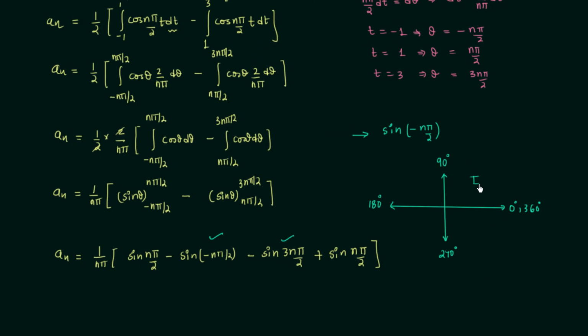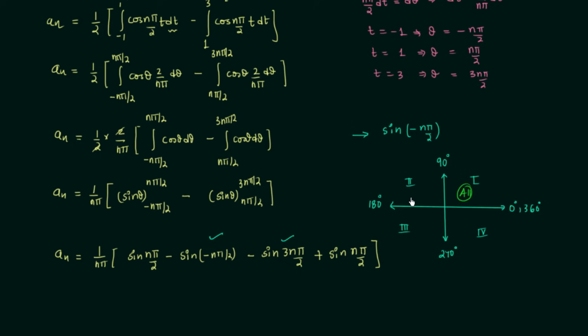This is the first quadrant, this is the second quadrant, this is the third quadrant, and this one here is the fourth quadrant. In first quadrant all the trigonometric ratios are positive, so I will write all in the first quadrant.